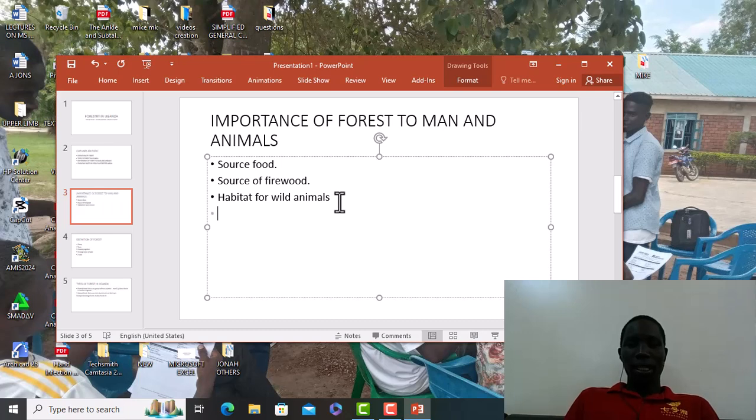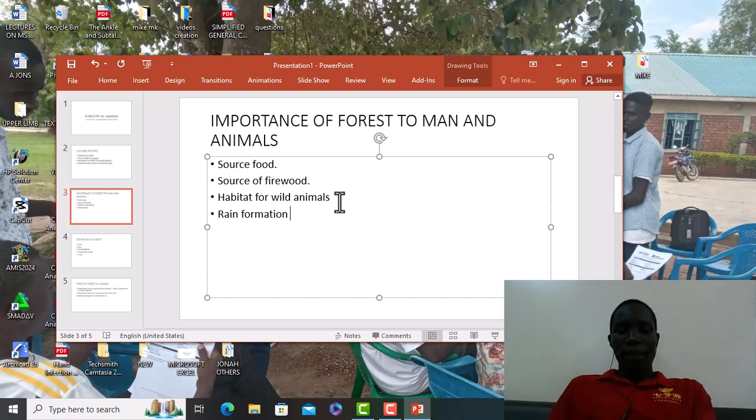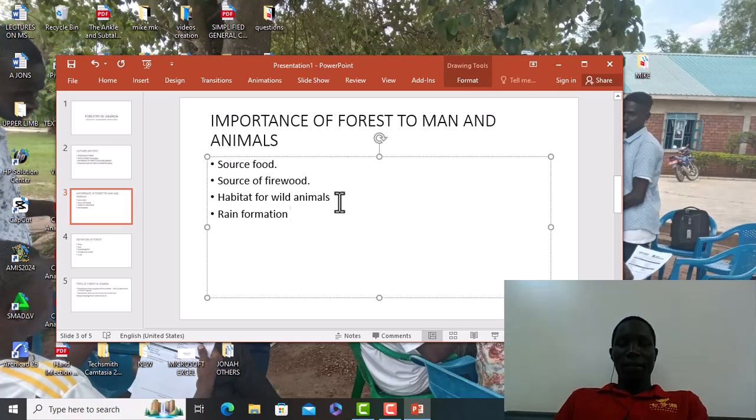You can see that this forest also brings about the rain formation, which brings rain, which is a source of water. This one I will relate to man in such a way that after raining, it gives water to the people, which they use for different things, like cooking, bathing, and others.